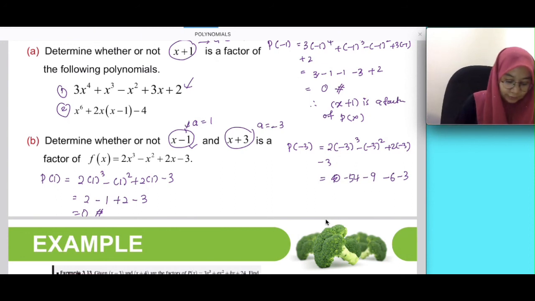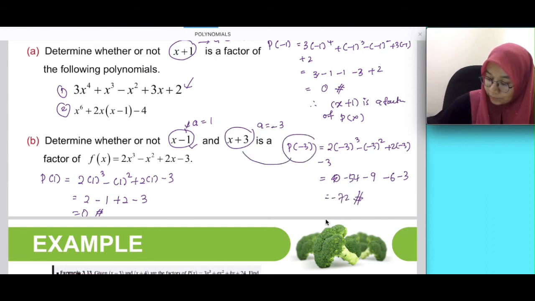Then you put here minus 54 minus 9 minus 6 minus 3. You get negative 72. So x plus 3 is not a factor of f(x).